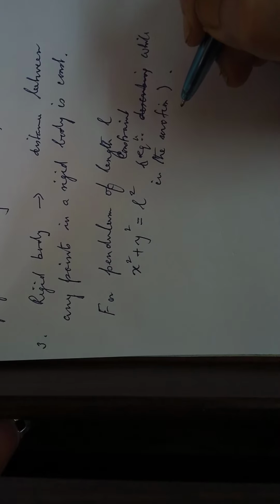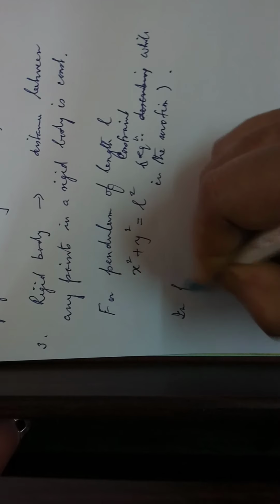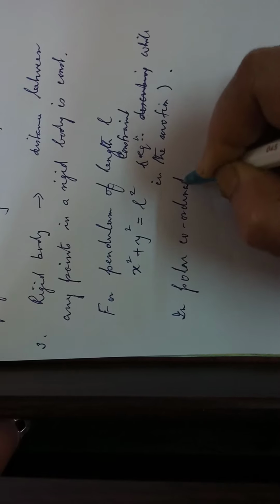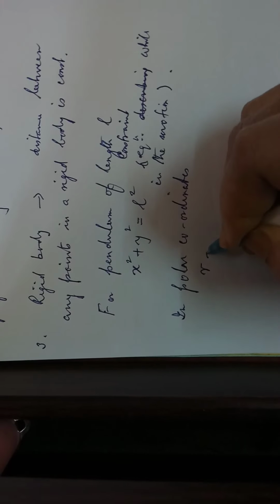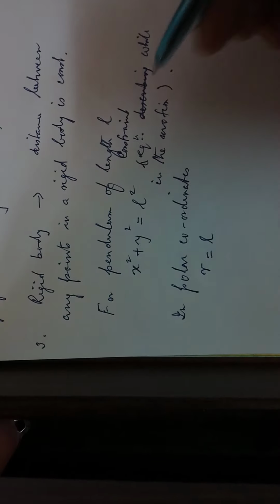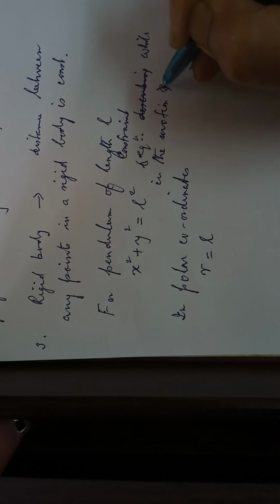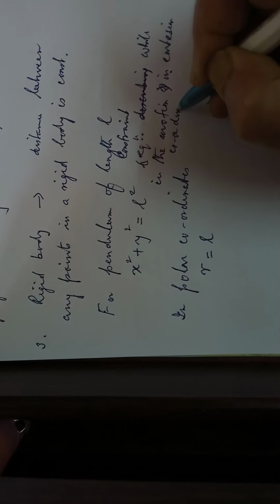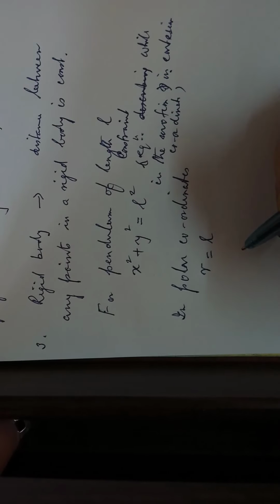Now suppose you express it in polar coordinates. In polar coordinates, you can write the same equation as R equal to L. This is the constraint equation in polar coordinates, while the earlier one was in Cartesian coordinates.